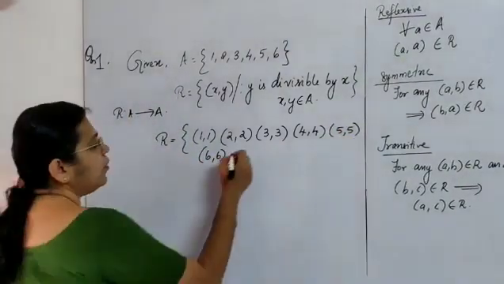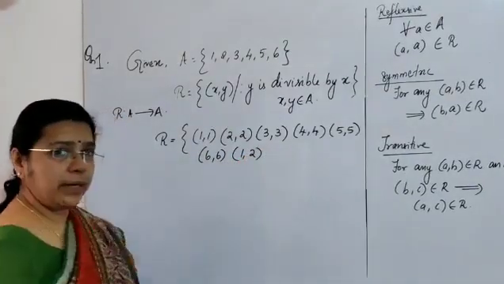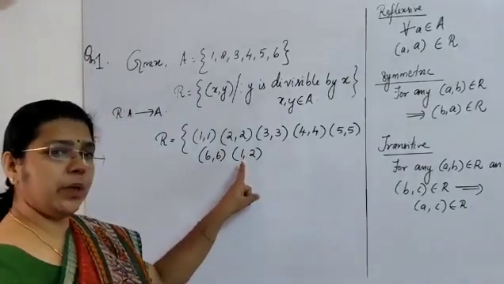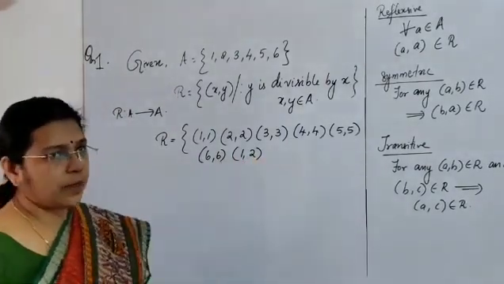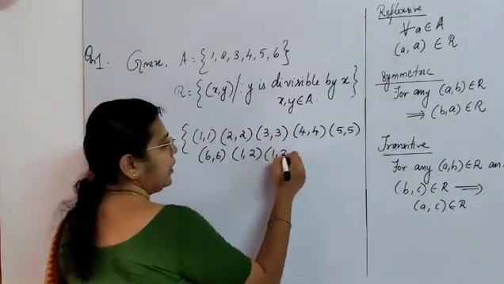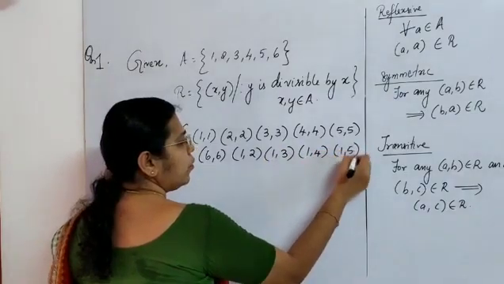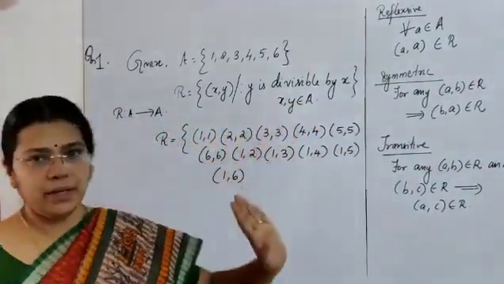Next, consider (1, 2). Can 2 be divisible by 1? Yes, so (1, 2) is satisfied by the relation. What about (1, 3), (1, 4), (1, 5), (1, 6)? All these satisfy the given relation.